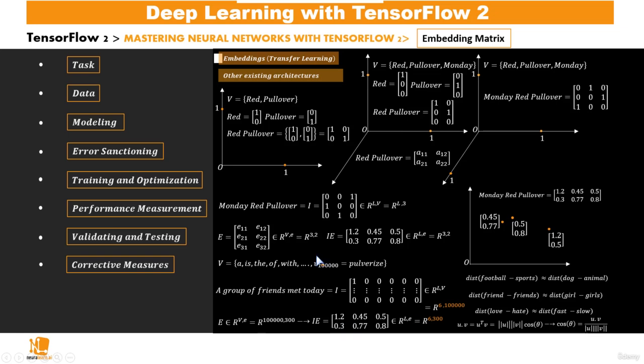And so now this input, which was initially a 6 by 100,000 matrix, is now a 6 by 300 matrix. So not only is this more efficient computation wise, we are now also able to represent this data in a way in which our model can learn better from it and also faster from it.